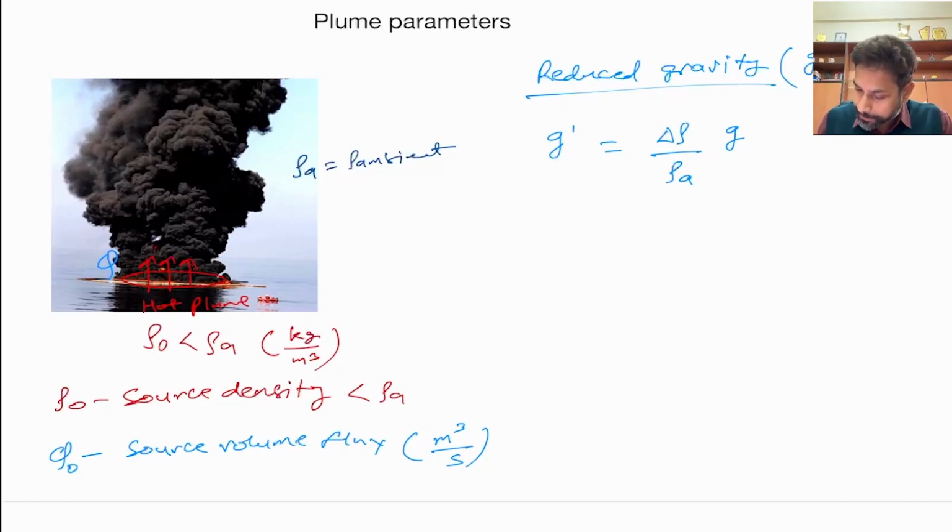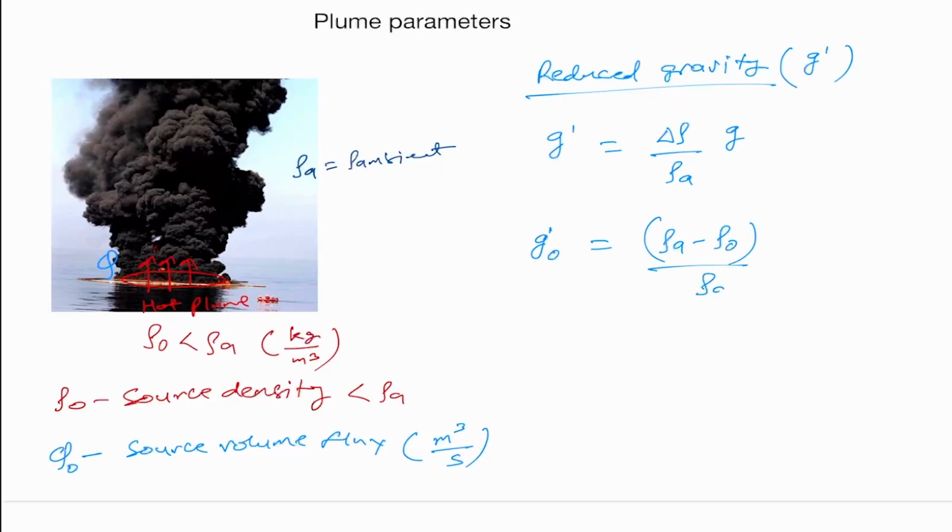Okay, so this is the general definition of reduced gravity, but for now we can define g prime naught, which will be delta rho, or in other words we can call it (rho a minus rho naught) divided by rho a into g, where rho a is the reference density, or ambient density in this case.